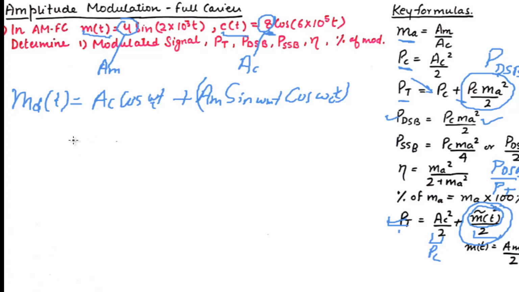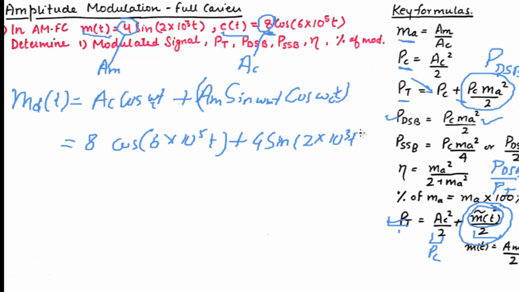So this will become 8 cos 6 into 10 raised to the power 5 t plus 4 sin 2 into 10 raised to the power 3 t, and then cos of 6 into 10 raised to the power 5 t.